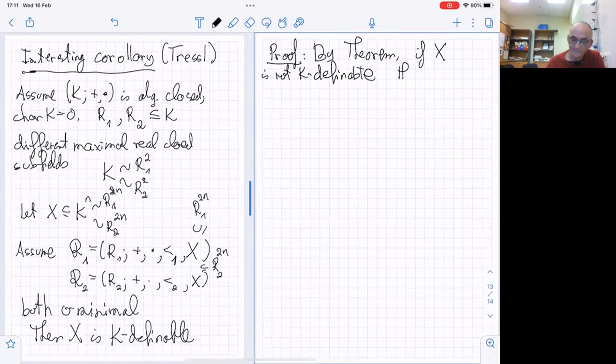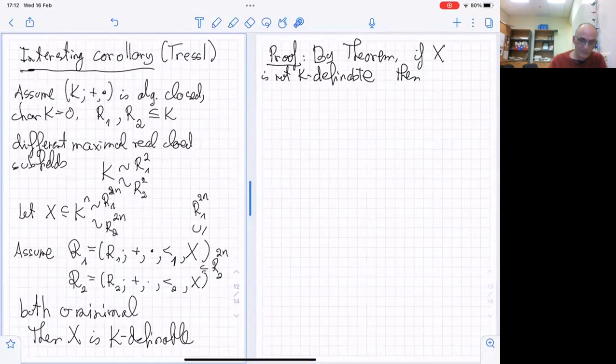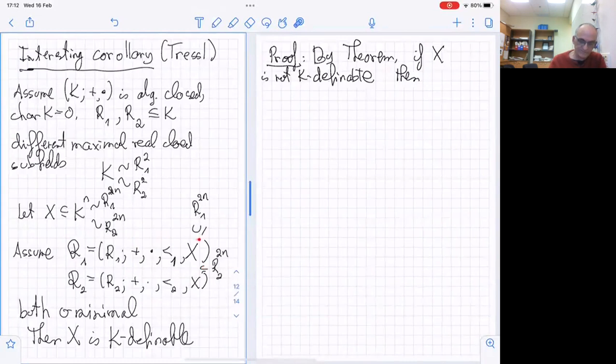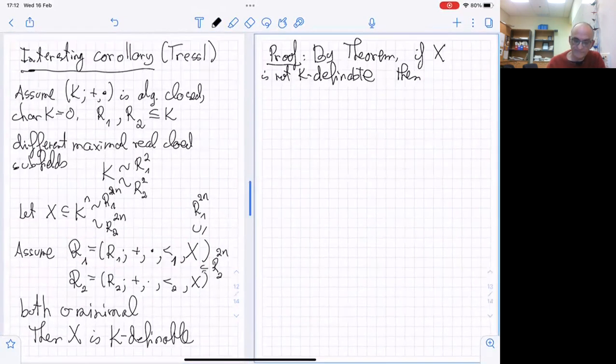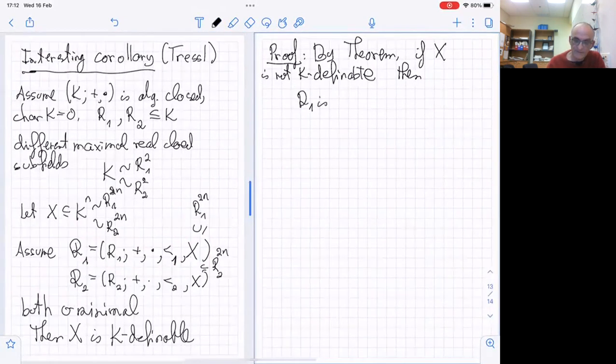Then, if we apply the theorem to the structure R1, right? If we apply our theorem to this structure, then R1 is definable in K plus times X. Remember, what did the theorem say?